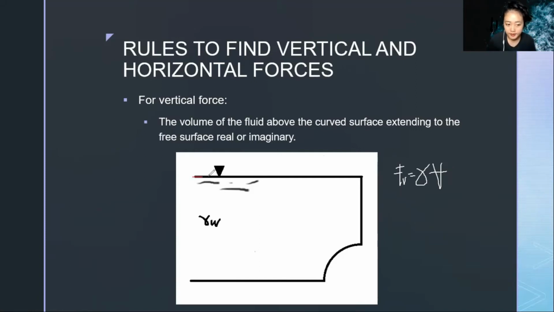So this is the free surface. This will be section A and this section B. So endpoint A all the way to the free surface, and also B all the way to the free surface.